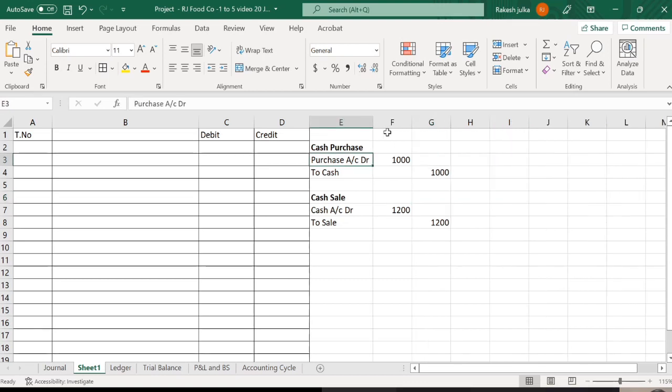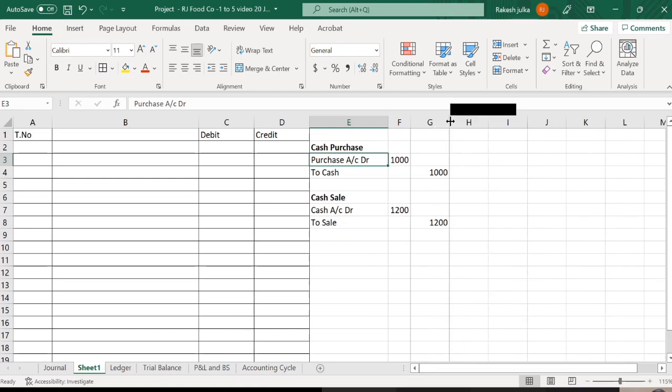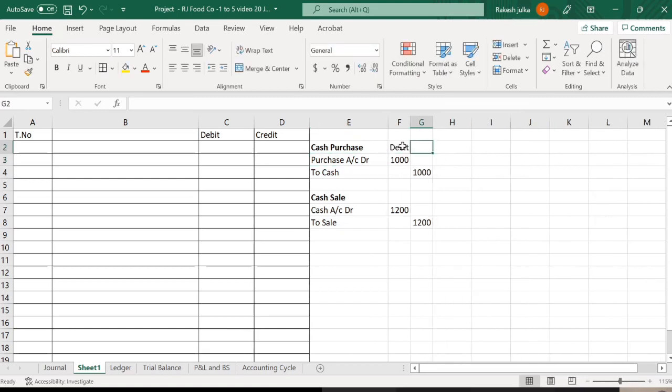In the first case, we know that the debit side and credit side are the same. Purchase, I'm considering here as an expenditure. Cash is real. And sales is income.